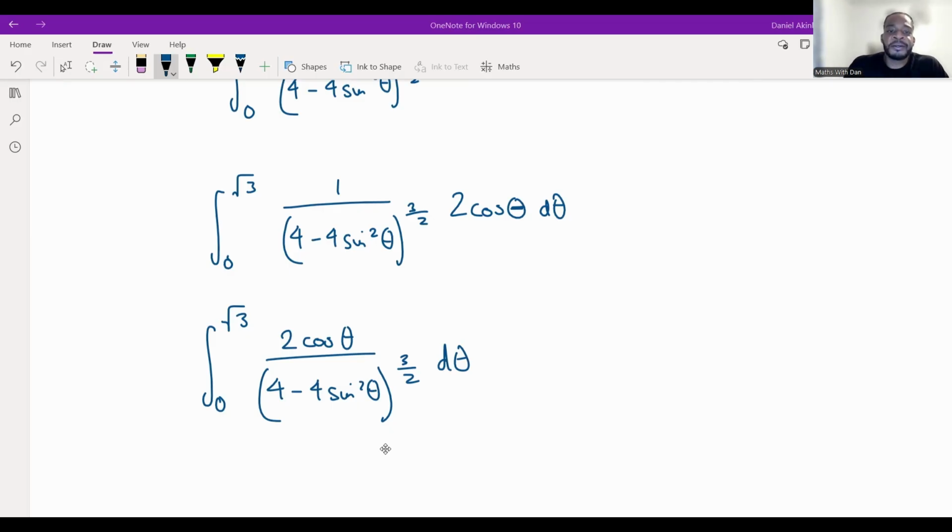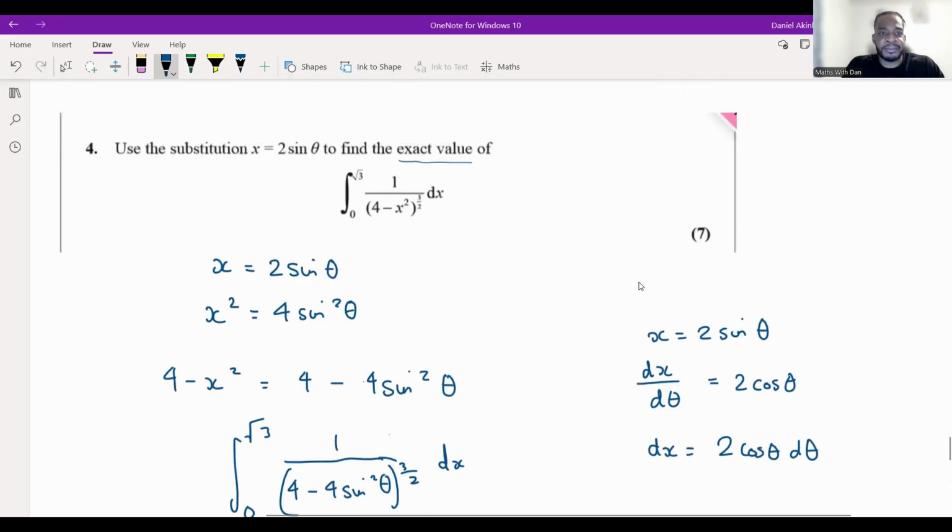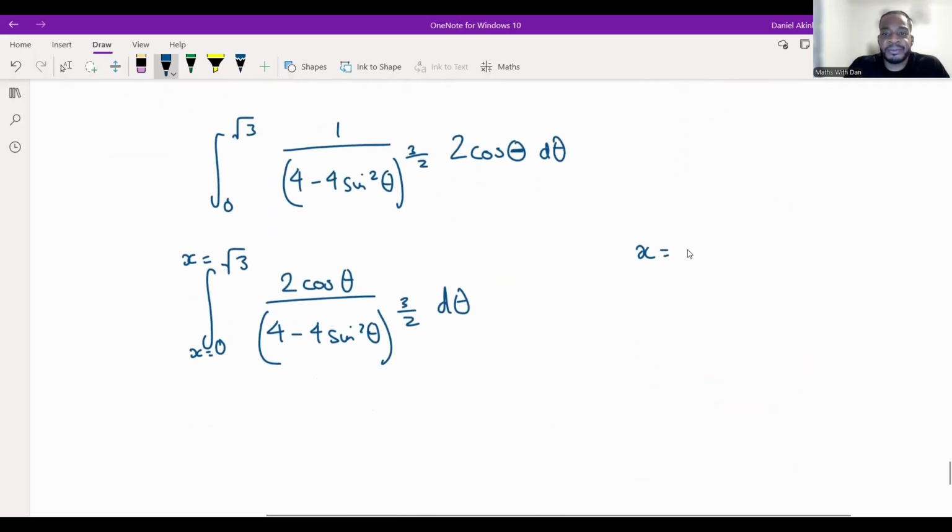Super, super important. Remember, it was an integral with respect to x, so this means that x is equal to root 3 and x is equal to 0. Since x is equal to 2 sine theta, we need to change these limits. When x is root 3, I'd have root 3 is equal to 2 sine theta.